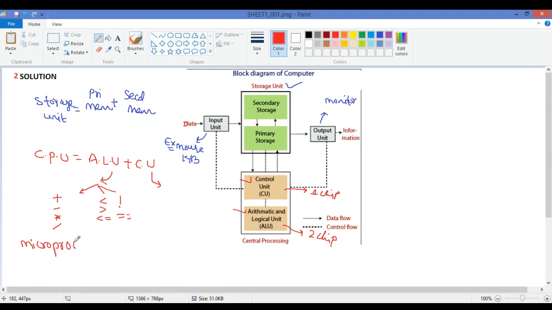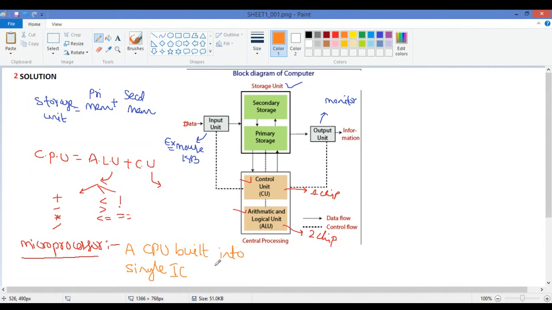A microprocessor is nothing but a CPU built into a single IC.